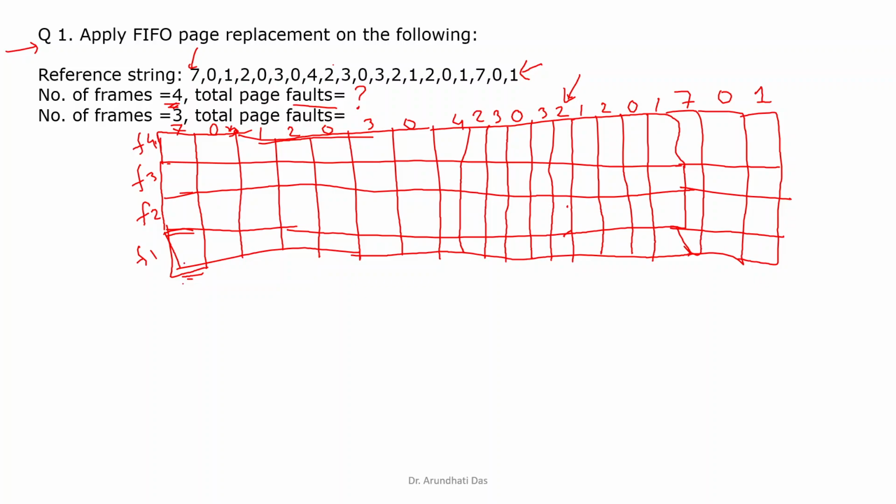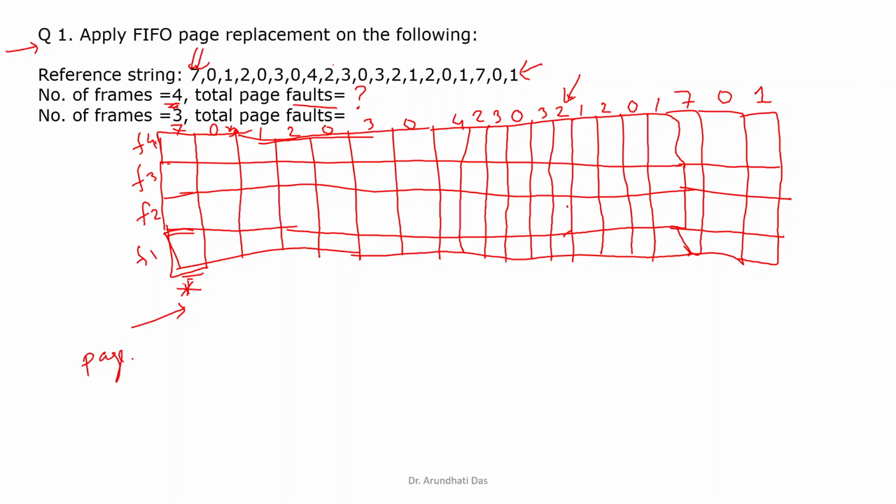At first the entire main memory is empty. The first request is 7. Is 7 there in the main memory? No. If it is not there in the main memory, then a page fault happens. This page fault I am marking with a star.